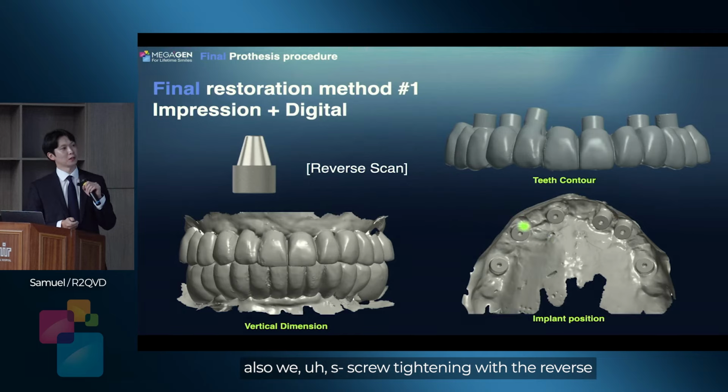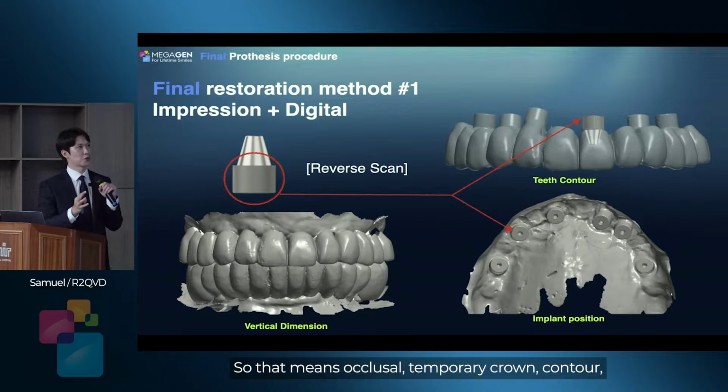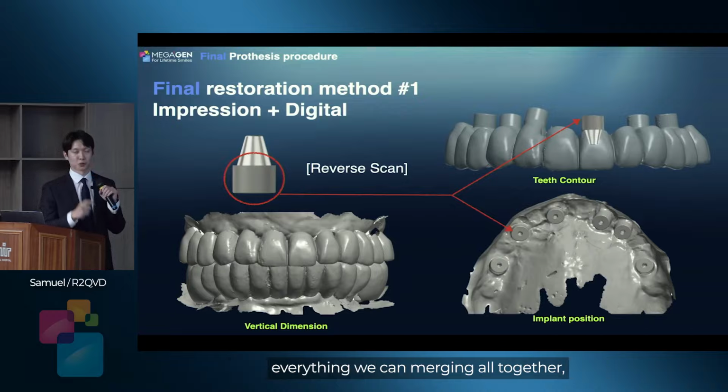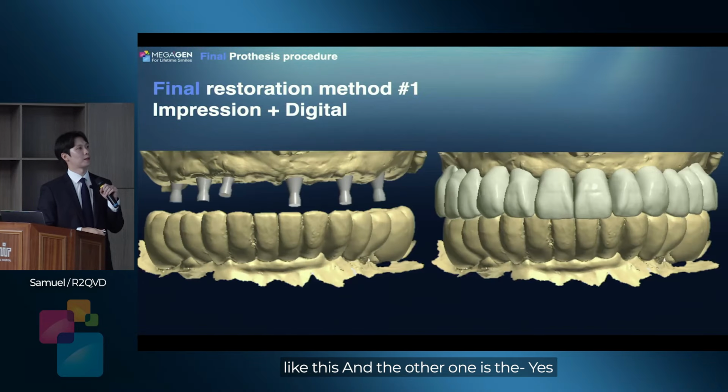Also, we do screw tightening with the reverse Gambardi, and we merge all this part. That means occlusion, temporary crown, contour, everything we can merge all together. Then we just design the final delivery like this.